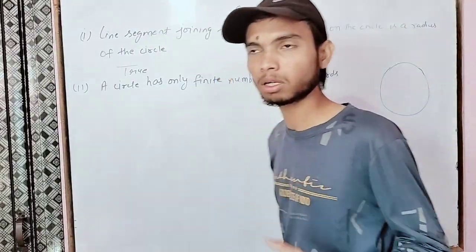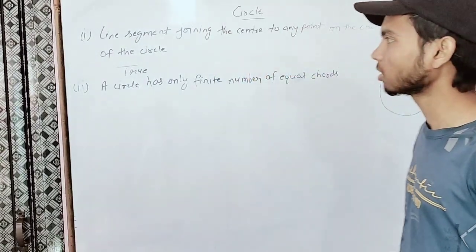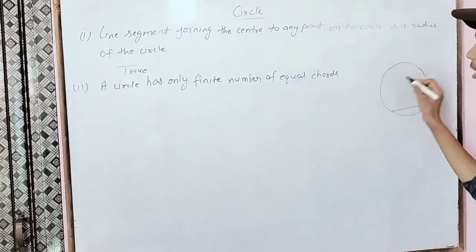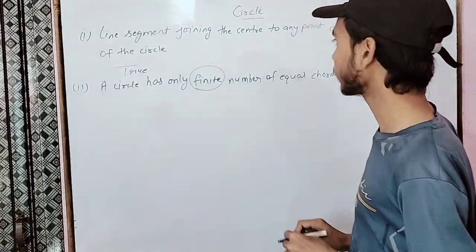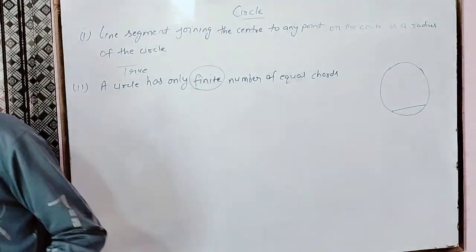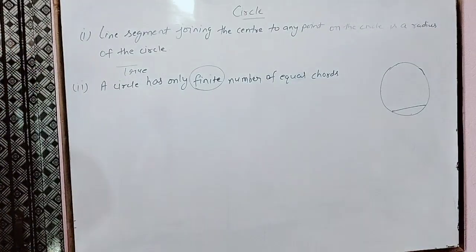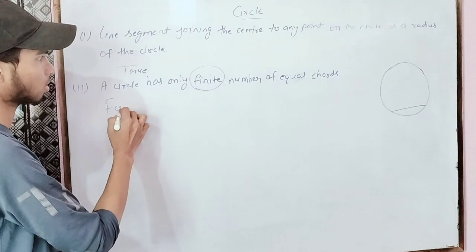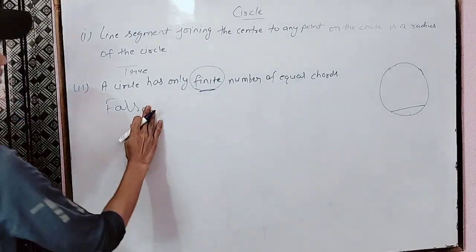Radius can be any number, so radii of circles are different. Of course, chords will be infinite. So there is not a finite number of chords in any circle; rather, there are infinitely many chords. So this is wrong because of finiteness. False.